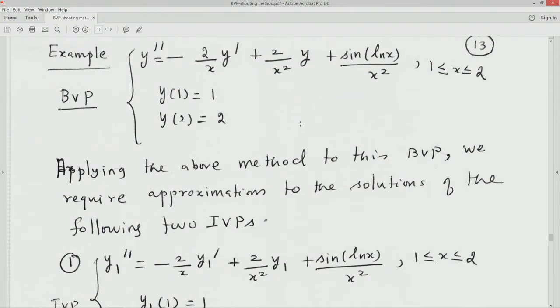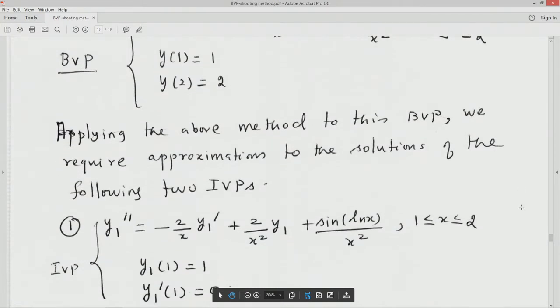For the first initial value problem, the governing differential equation is the same as the governing differential equation for the linear boundary value problem, namely a non-homogeneous differential equation. So, we have written down the equation here in the interval 1 to 2.